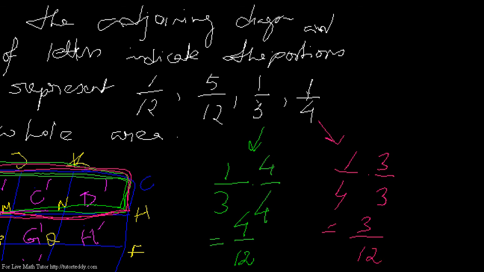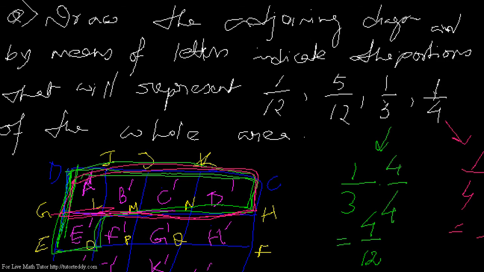And how do I show that in the figure? See, here also the same thing. I can take any 3 small boxes among these 12.